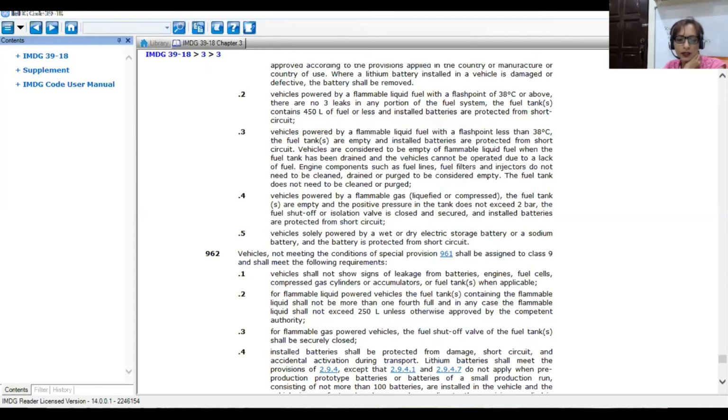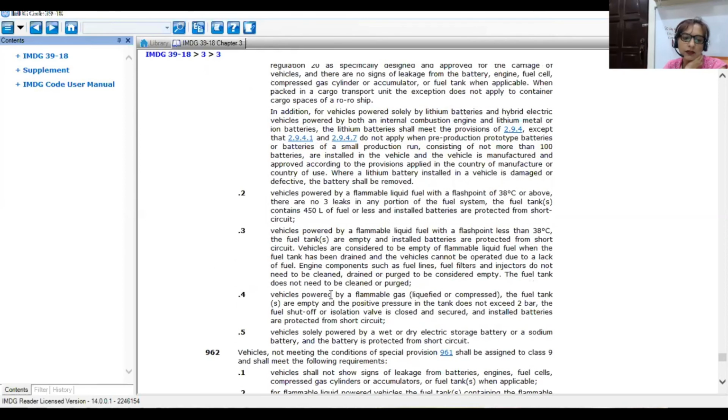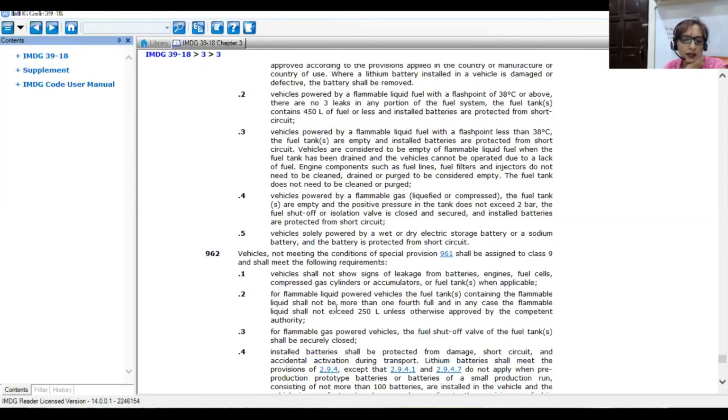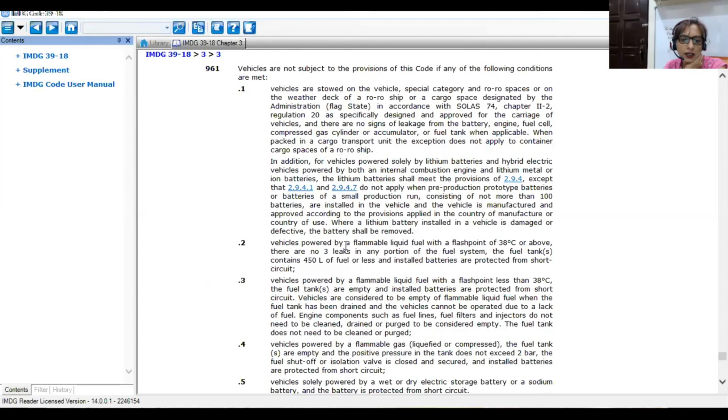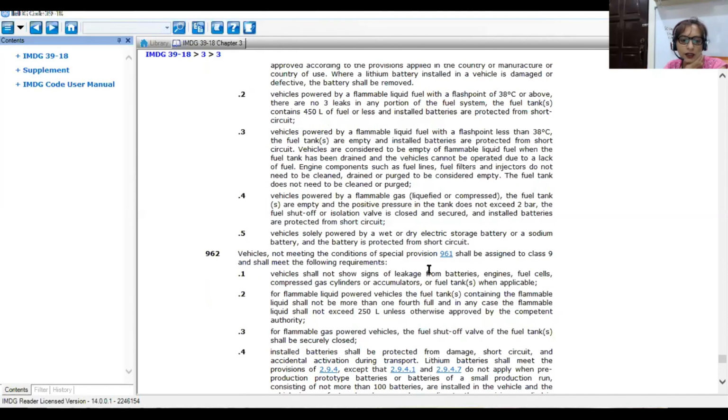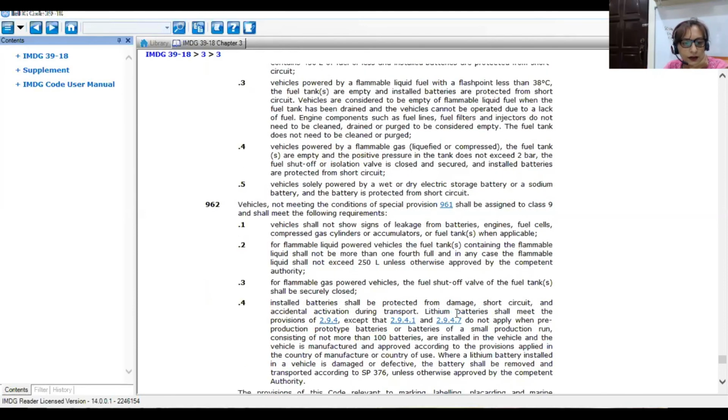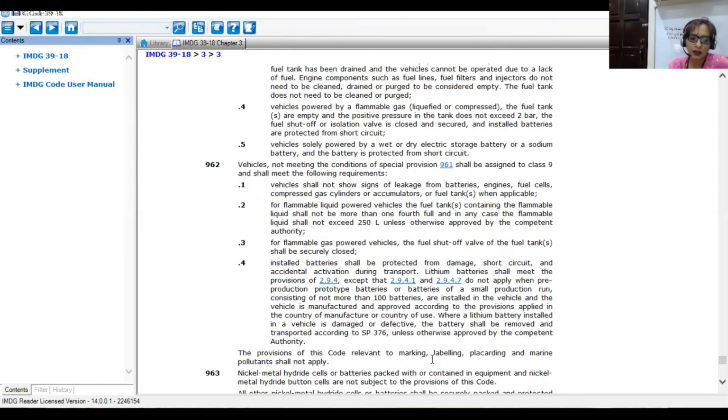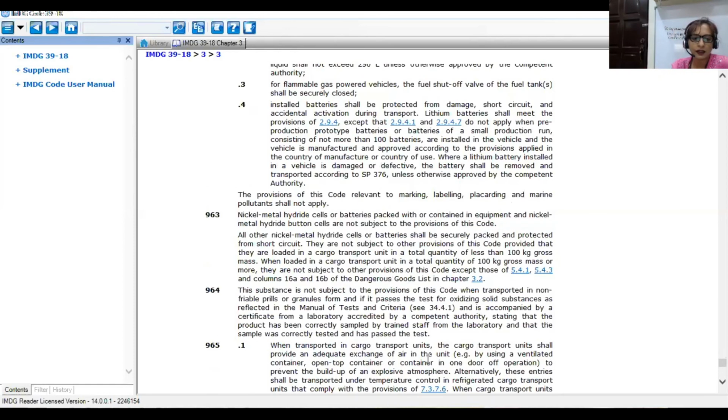That means it's still DG, you're right. If you can't hit 961, then you are class 9 DG. It shall be assigned to class 9 and shall meet the following requirements. And it falls under class 9, but yet with a CA approval. Why would you need a CA approval? Already DG. So no need for CA approval in this sense.